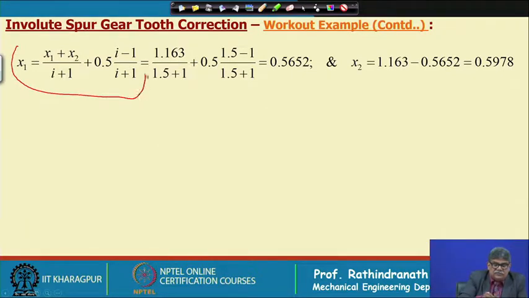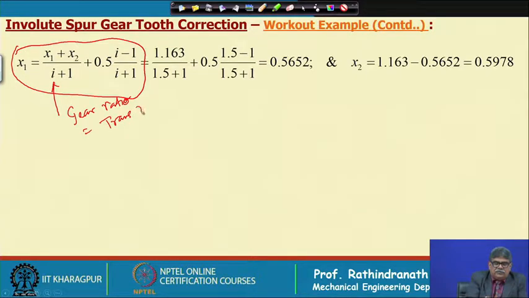We can use it for the distribution: x1 is equal to (x1 plus x2) divided by (i plus 1), plus 0.5 times (i minus 1) by (i plus 1), and this i is nothing but the gear ratio, which is equal to the transmission ratio in case of fixed axis.